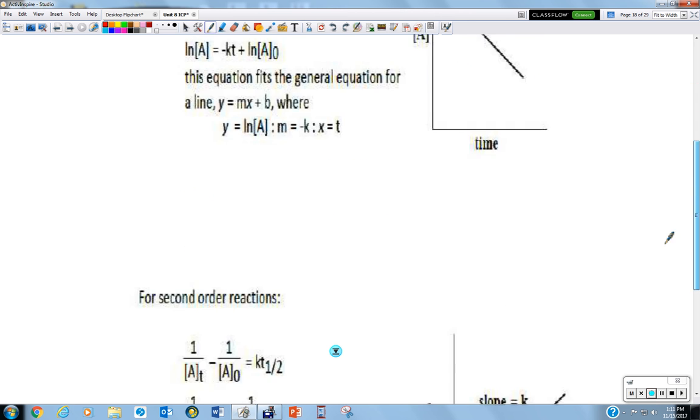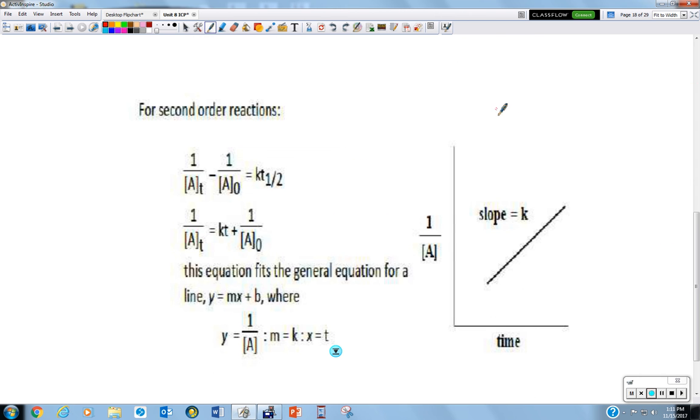And then the last one is second order. And second order is going to be R, because R, the y-axis, is the reciprocal.